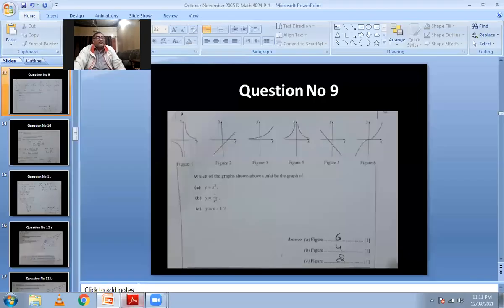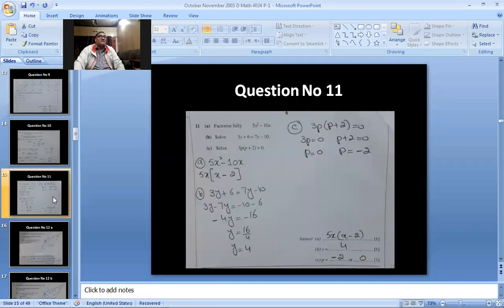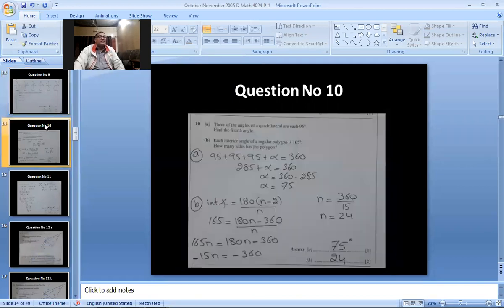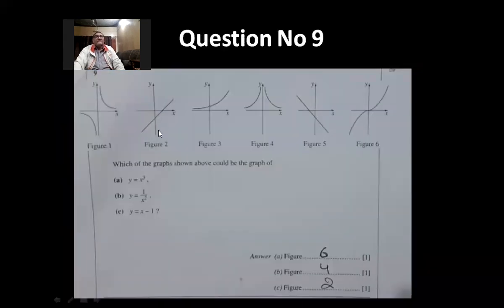So the question number 9 is showing up on your screen. y equals x cubed is the graph of the cube, so figure number 6 goes in front of part A. And y equals 1 by x squared: when x is 0, y will be infinite.